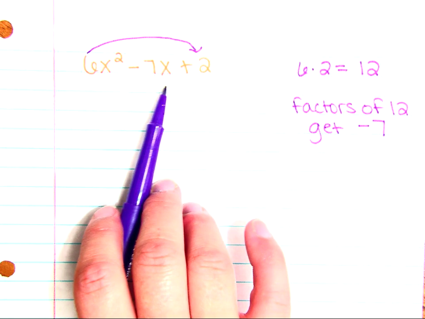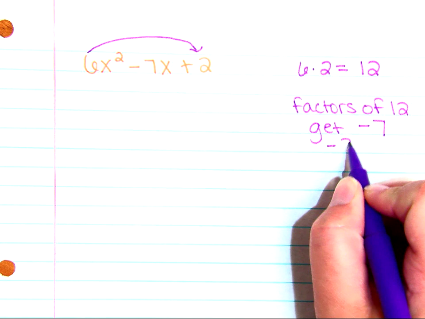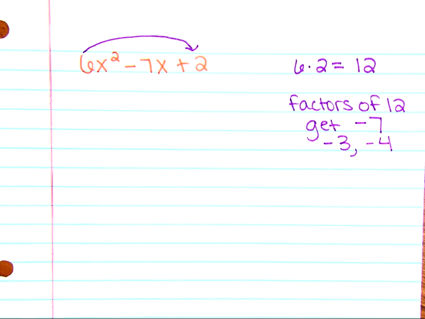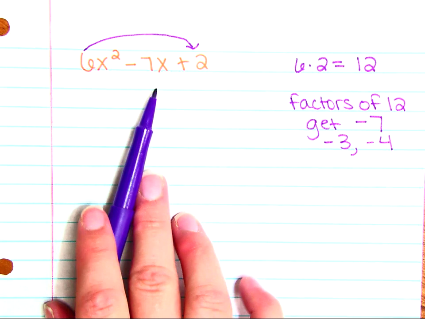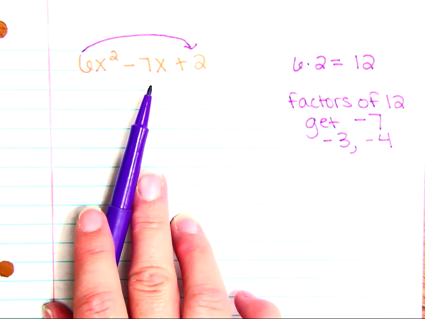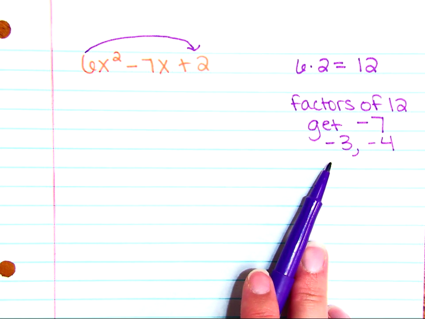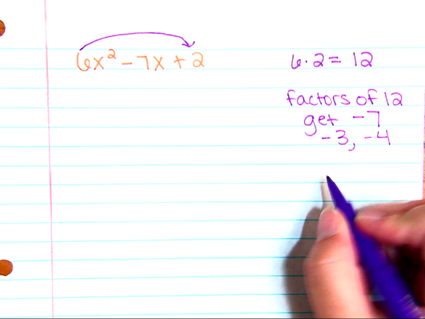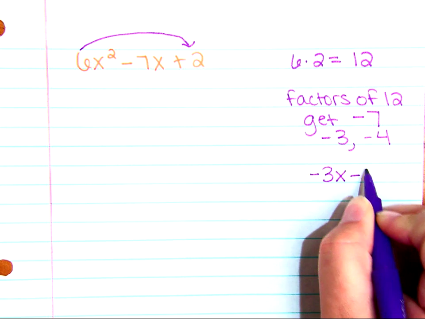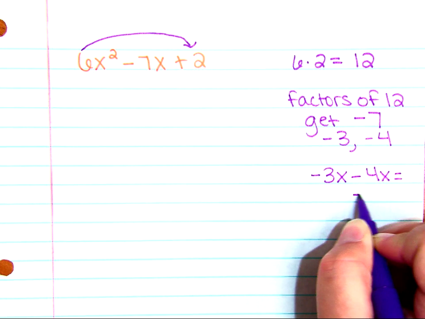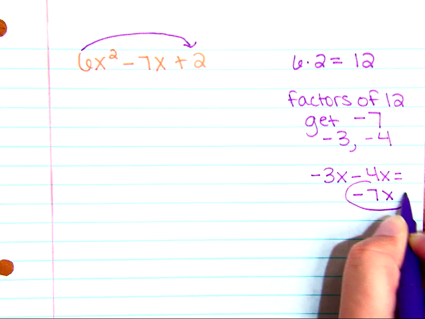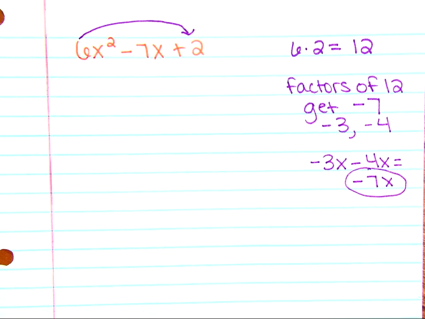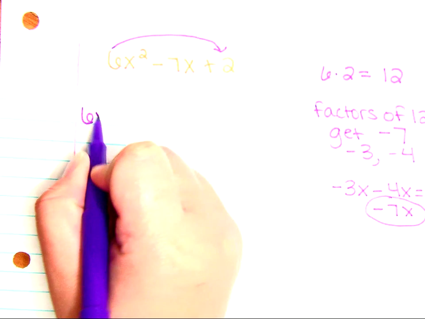And those happen to be, I think, negative 3 and negative 4. So I'm going to rewrite negative 7x as a minus 3x and a minus 4x. That is the same thing as negative 7x. I'm just going to break that middle term apart into 4 terms.